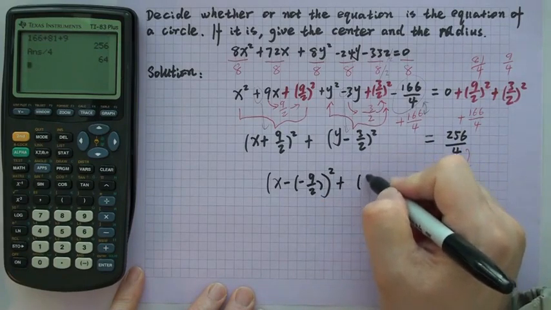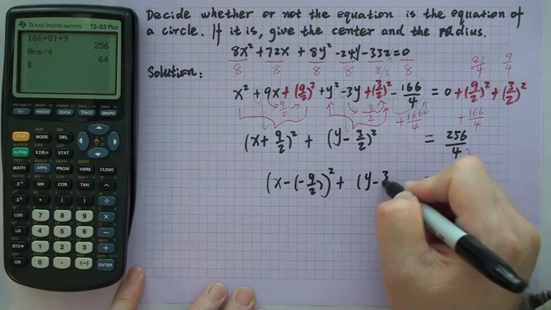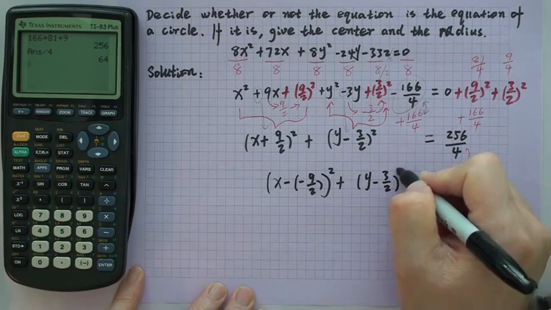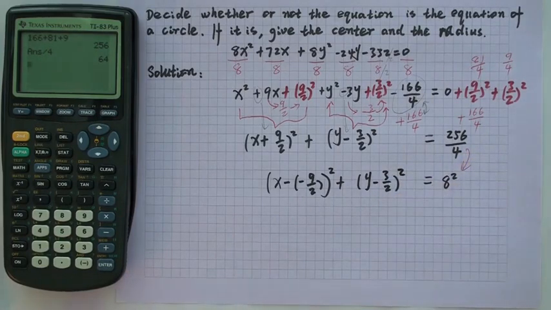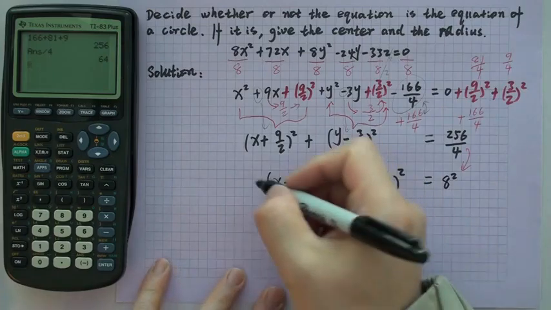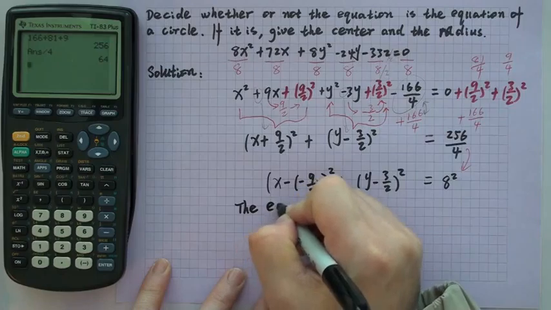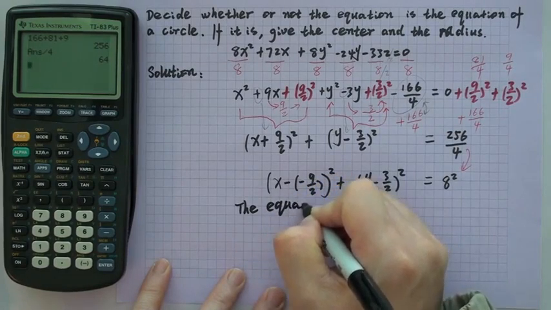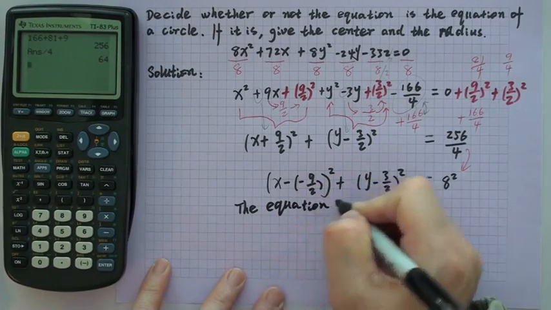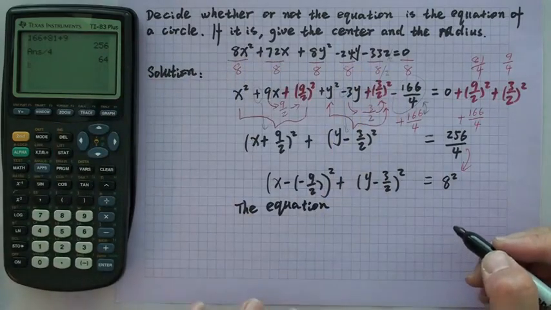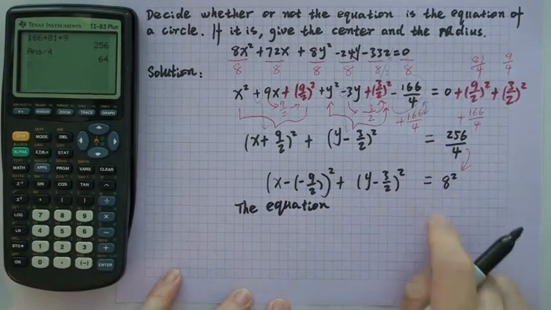And then here is y minus 3/2 and then squared. Now, this equation can be changed to this one.